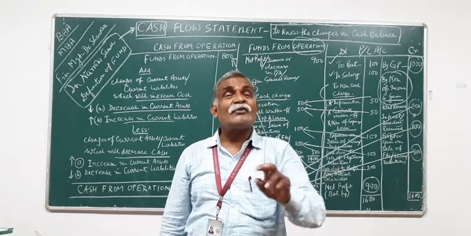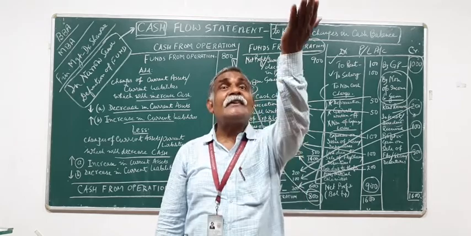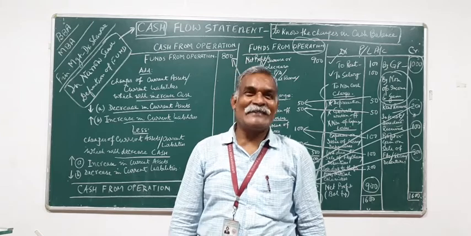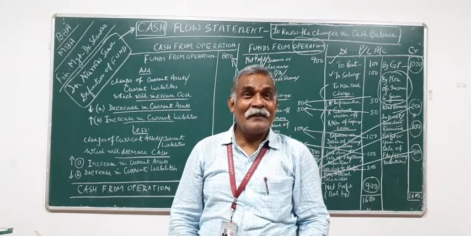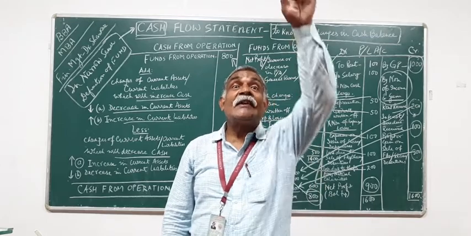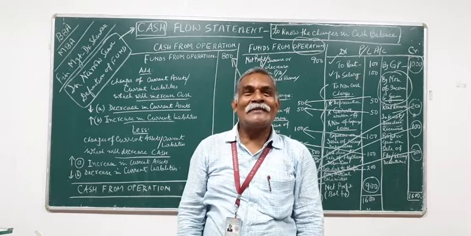So the conclusion is: if the amount of current assets increases, cash will decrease. And if the amount of current assets decreases, the cash will increase.